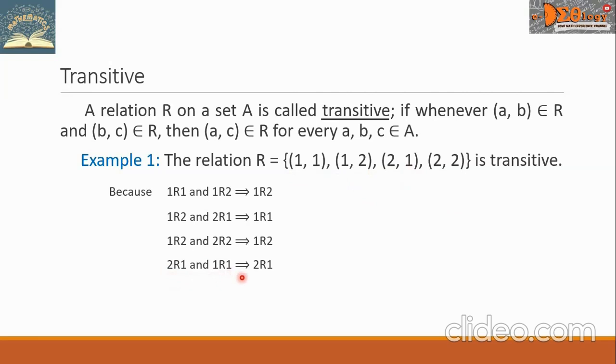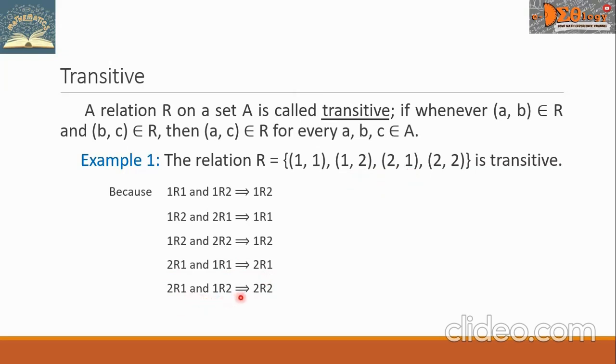It follows that 2 must be connected to 1, and we write 2 R 1, and we have this ordered pair for this. Next is (2, 1) in connection with (1, 2). So 2 R 1 and 1 R 2.